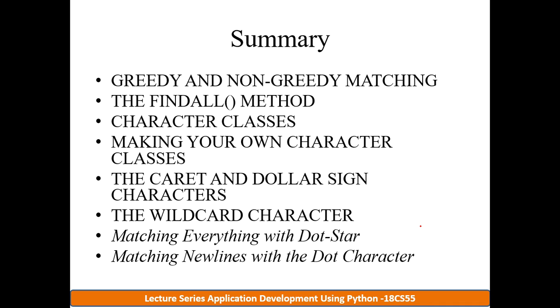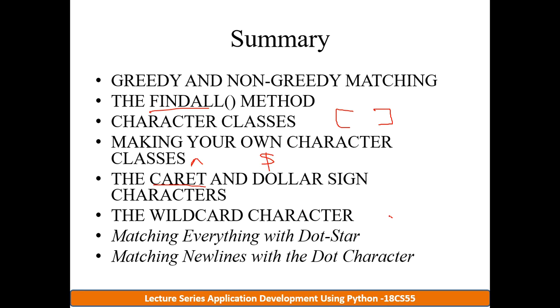So this makes the end of this lecture. Here we have studied what greedy searching and non-greedy matching are. We also covered the difference between the findall method and the search method, and the concept of character class, how we represent a character class with square brackets. After that, caret represents beginning and dollar represents end.